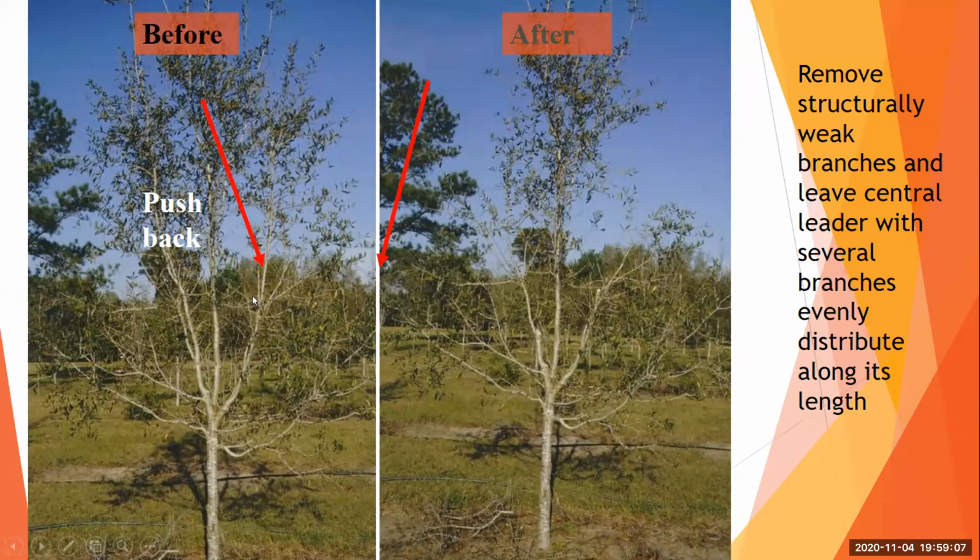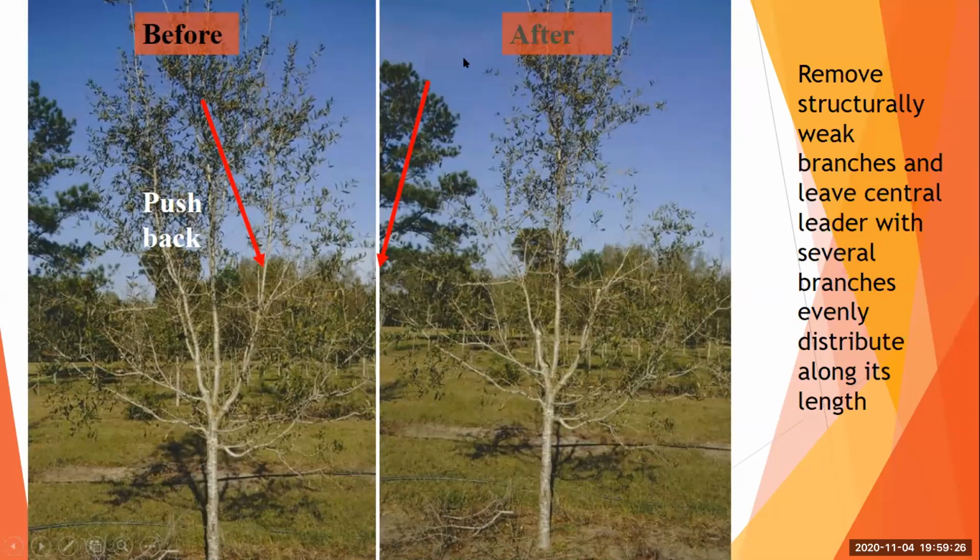So what are you going to do? Well, I prune this one here, and I prune the other one maybe here, and this is the end product. Now you have the leader, and the branches that are competing with the leader are shorter.